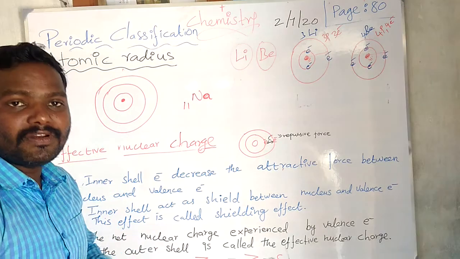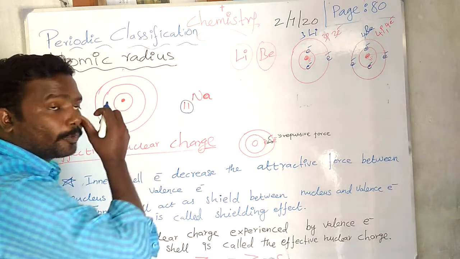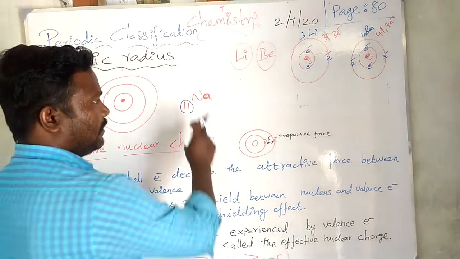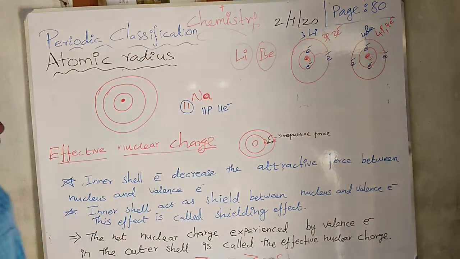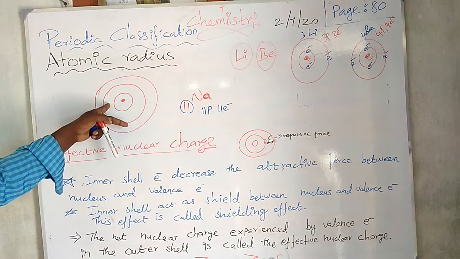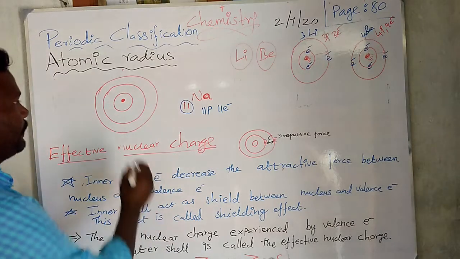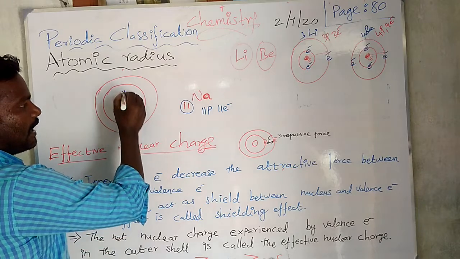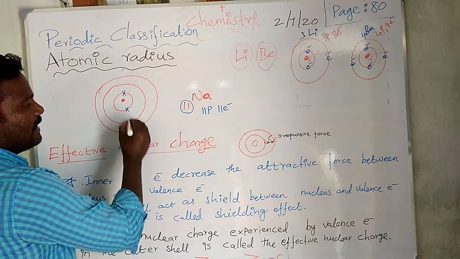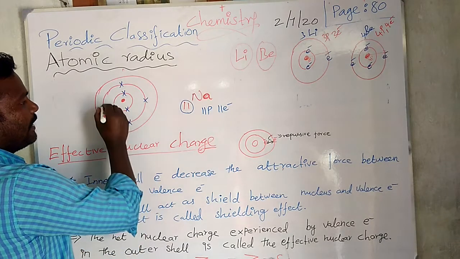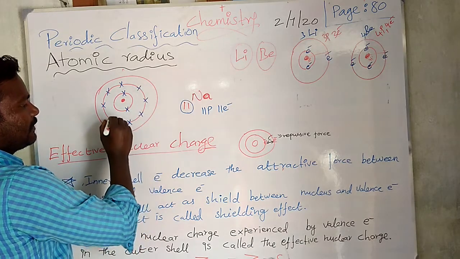Shall we fill the electrons? Yes. Atomic number 11 means how many protons, how many electrons are present? 11 protons, 11 electrons, right? So in the nucleus we have 11 protons. What about the electrons? They will fill according to the aufbau principle. 2 electrons are over, 3, 4, 5, 6, 7, 8, 9, 10.